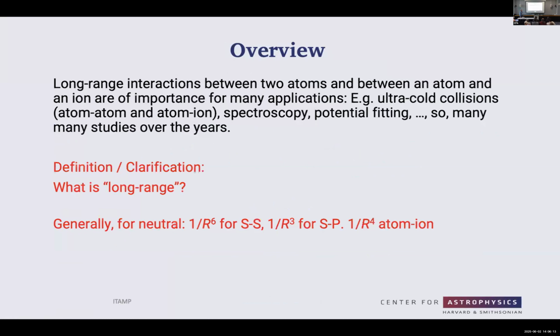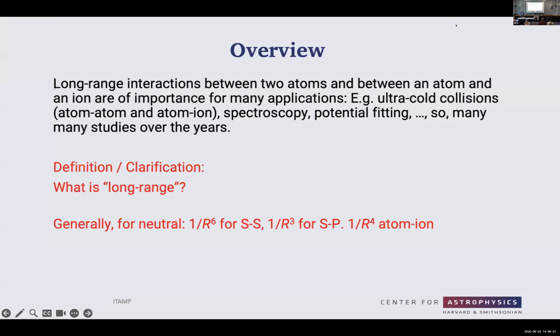Just by way of overview, as we know, long-range interactions between two atoms and also between an atom and an ion are of great importance for many applications, particularly this audience. And I'm thinking of initially, at least, ultra-cold collisions, Bose-Einstein condensates, atom-atom scattering, and atom-ion scattering, hybrid traps, but also spectroscopy and potential energy fitting.